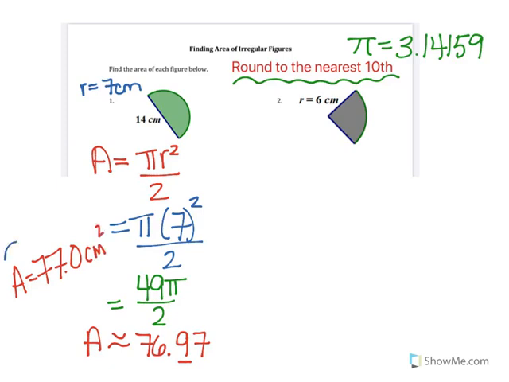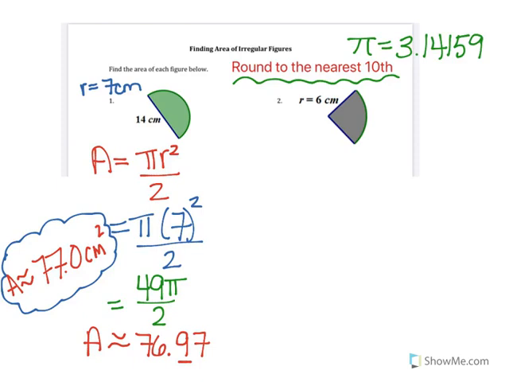And you always put the square at the end after your units, okay? And I guess what I should have done is use that squiggly sign again, so area is roughly equal to 77.0 square centimeters.